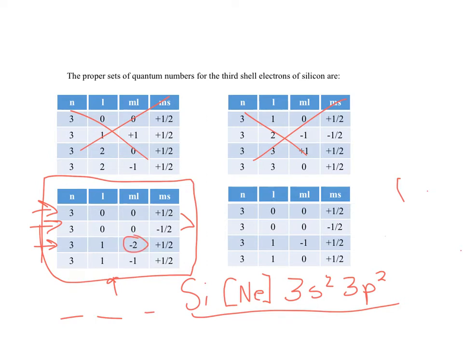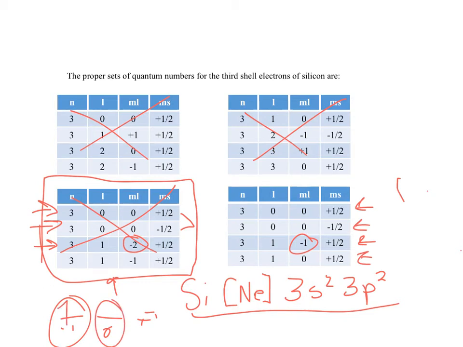Because when l equals 1, it's got to be minus 1, 0, and plus 1. And so I go over to the last box here, and this one is the first s, this one's the second s, this one's the first p because it goes into the minus 1 over here, and this is the second p because it goes into the 0, right? So it looks something like that.